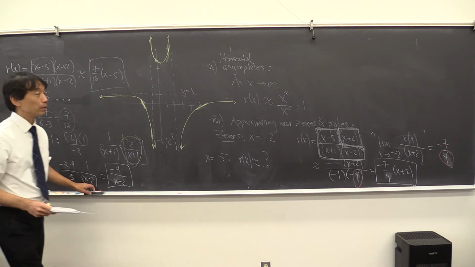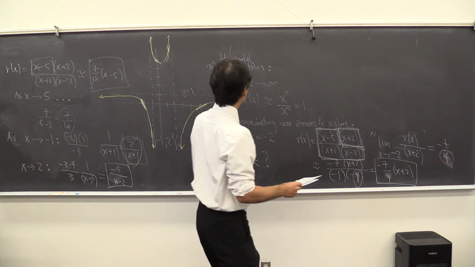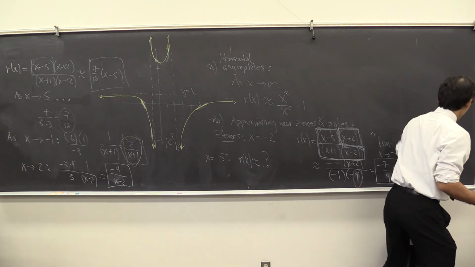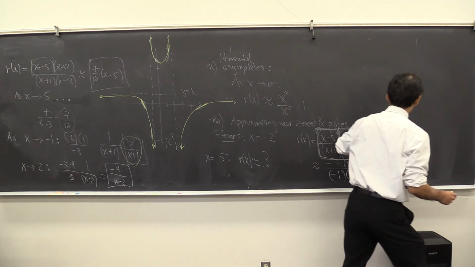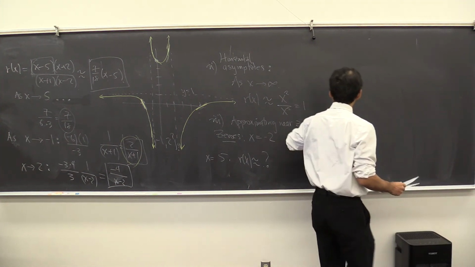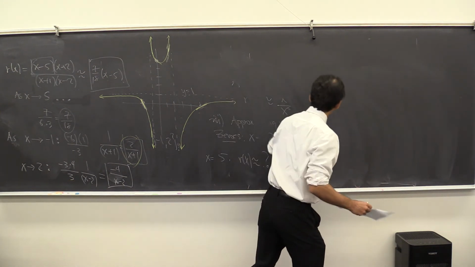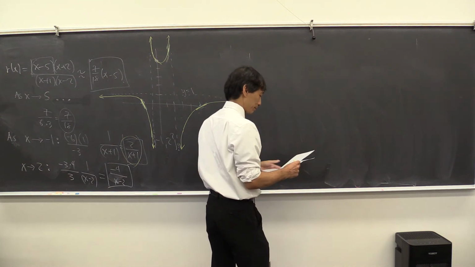I was hoping to get to the exponential function today, but I think we probably won't make it. Let's do a couple more examples of this. I'll have you try one.